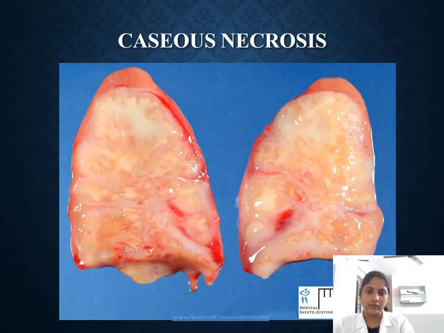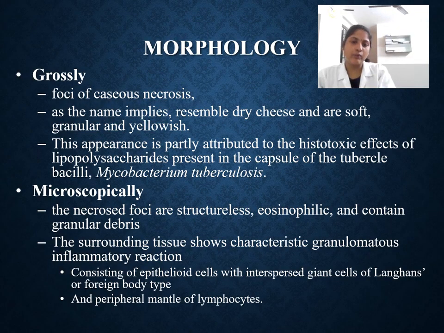This is the image of lung affected by caseous necrosis. Grossly, foci of caseous necrosis, as the name implies, resemble dried cheese and are soft, granular and yellowish. This appearance is partly attributed to the histotoxic effects of lipopolysaccharides present in the capsule of tubercle bacilli, known as Mycobacterium tuberculosis.